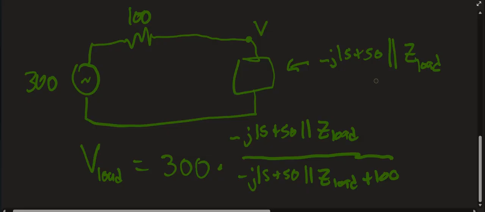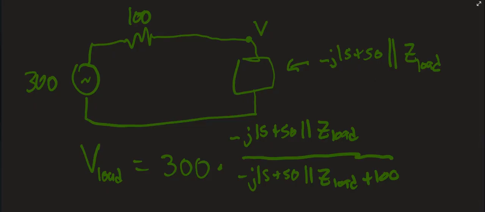So voltage division says take the impedance of the thing you want the voltage over and divide it by the total impedance. So now I need to get this parallel.